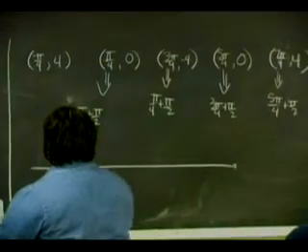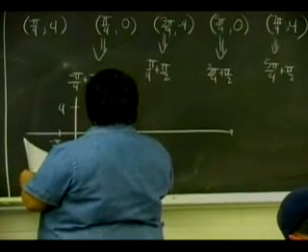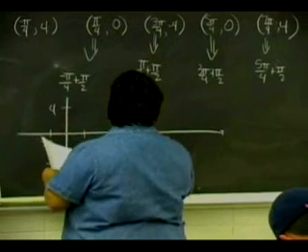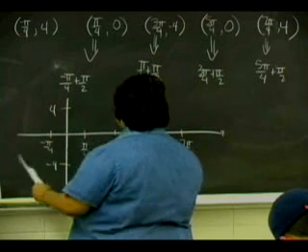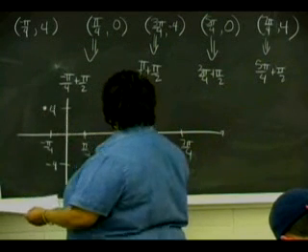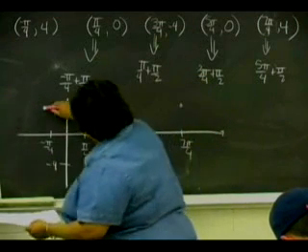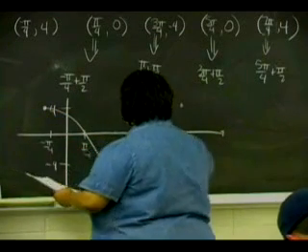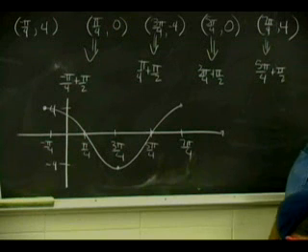Negative pi over 4, pi over 4, 3 pi over 4, 5 pi over 4, and 7 pi over 4. I have what? 4, 0, negative 4, 0, 4. This is my graph.